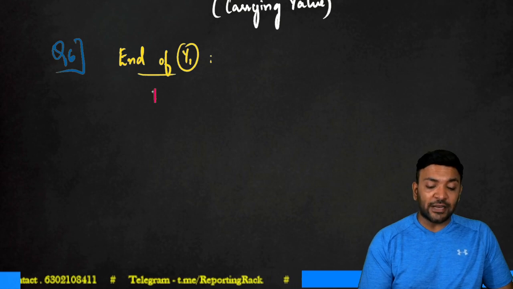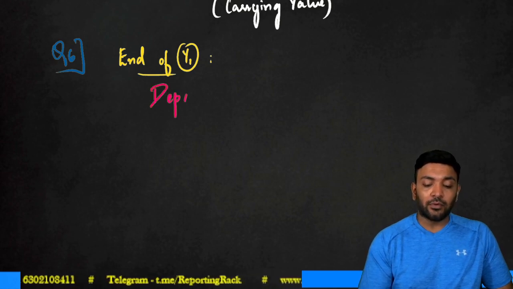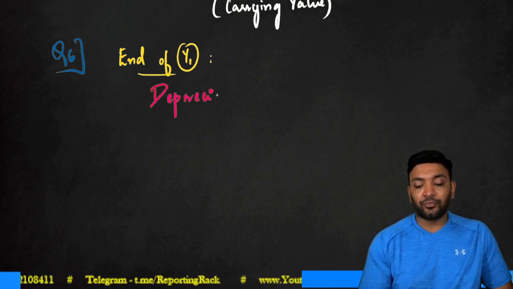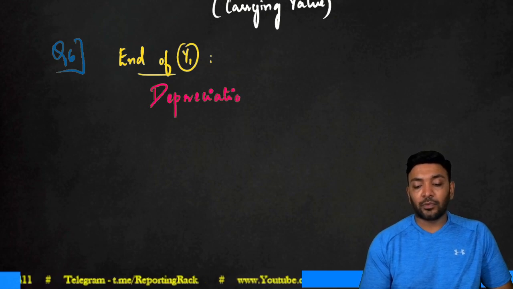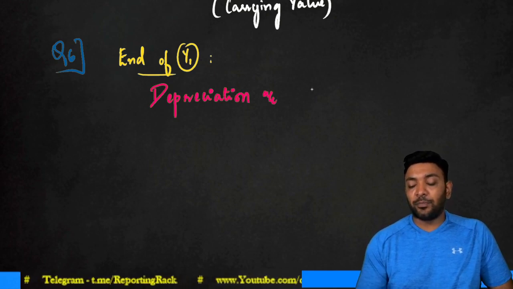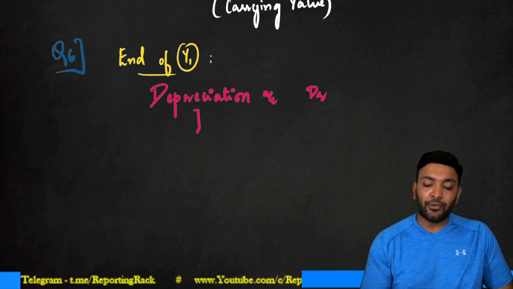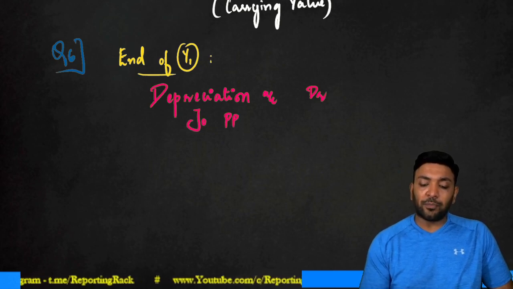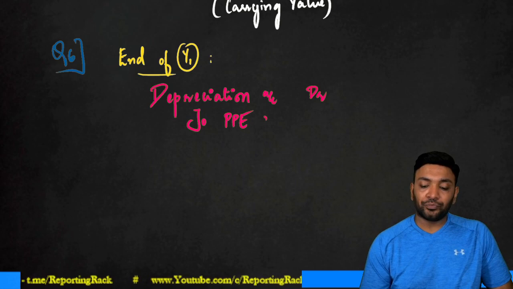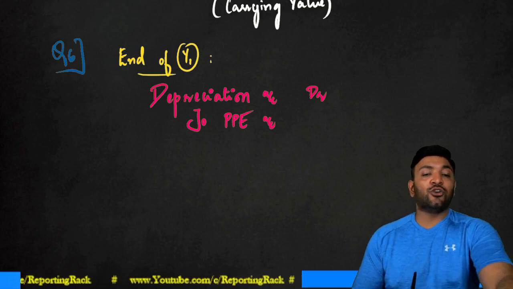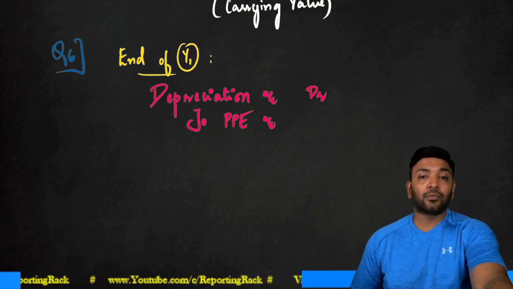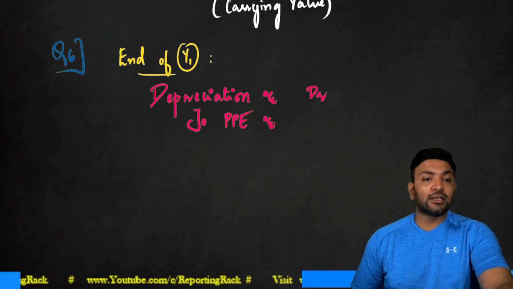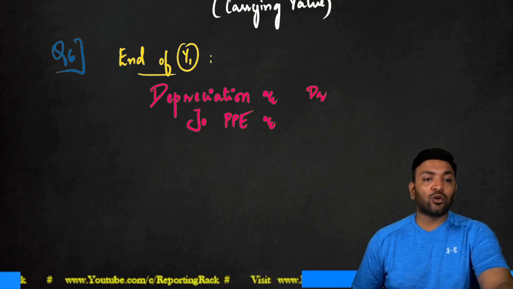First, you charge a depreciation. Depreciation account debit to property, plant and equipment. What is the useful life of the asset, and what is the original cost of the asset?